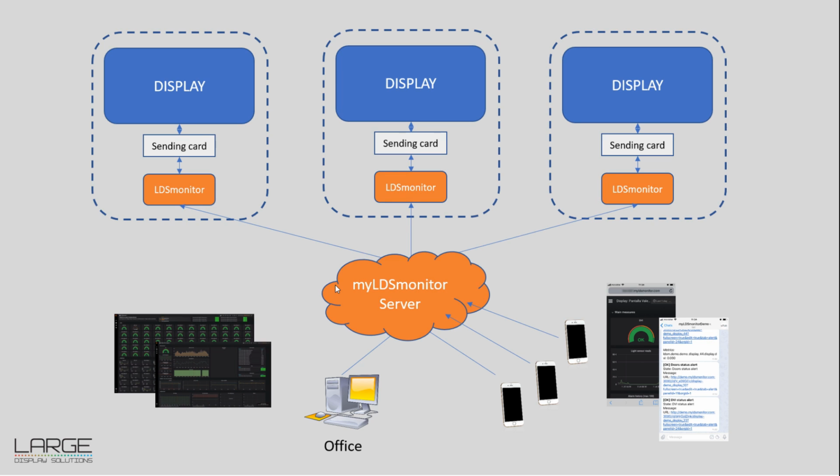Each client has its own server. So all the information is sent to this server, and from this server you have the options to be notified when problems appear. You have the options to have a set of panels that you can see through your personal computer, through your mobile phones, etc.